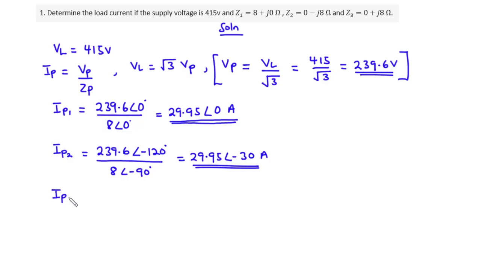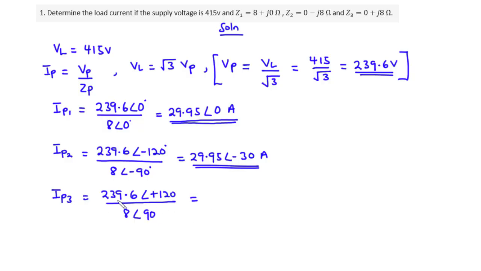that is Ip3, and that is equal to 239.6 polar, this time we have plus 120 divided by Z3, and then converting this to the polar form, that's going to be 8 polar 90.